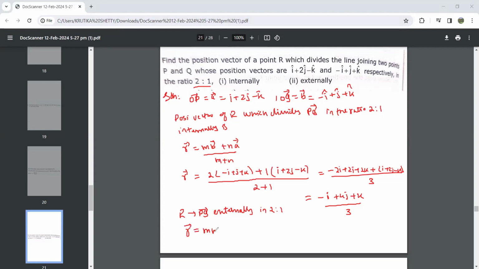So it will be m into vector b minus n into vector a, divided by m minus n. The same substitution: 2 into i cap plus j cap plus k cap, plus 1 into i cap plus 2j cap minus k cap, all divided by 2 minus 1, which is equal to 1.